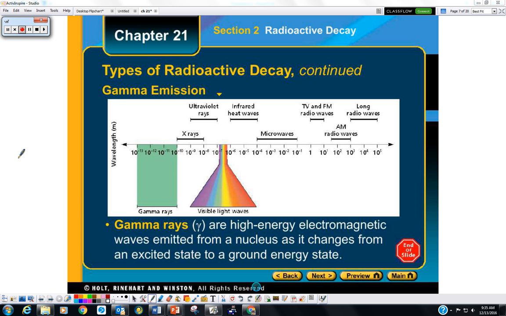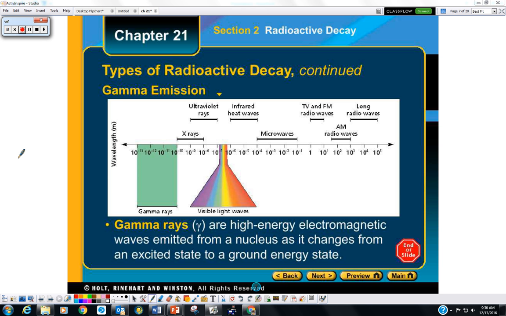last type of emission is a gamma emission. And so I put the electromagnetic spectrum on there because gamma rays fall on the EM spectrum. Gamma rays and X-rays. We typically associate these with the highest form of radiation or the most dangerous type of radiation.